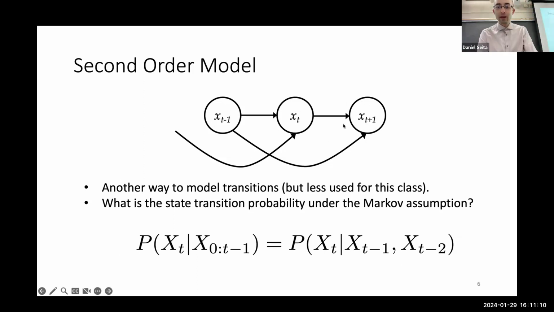If you have xt plus 1 and you shade in xt minus 1 and xt, meaning you're observing them, using the terminology from last class, then that blocks the information flow from anything prior to xt minus 1, so there's no active path from anything earlier to xt plus 1. So that's why you can make these assumptions.